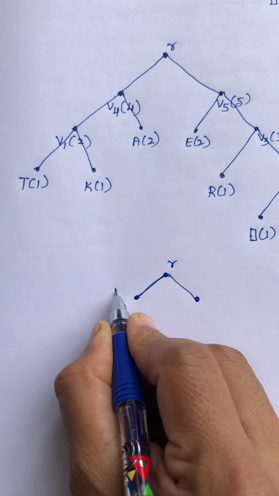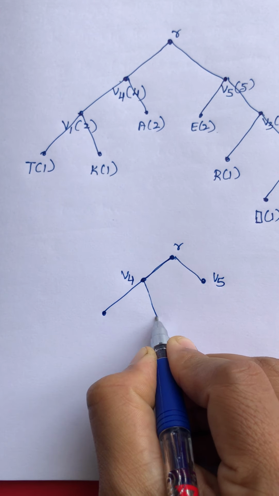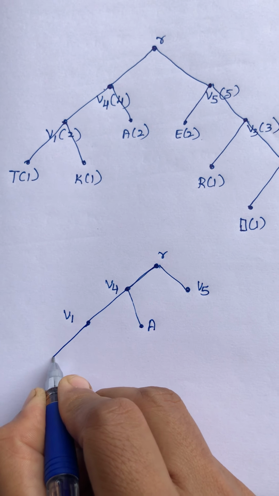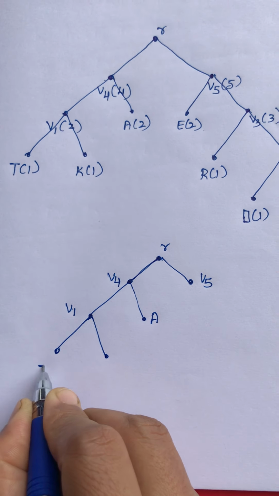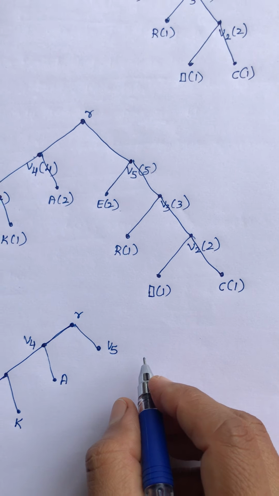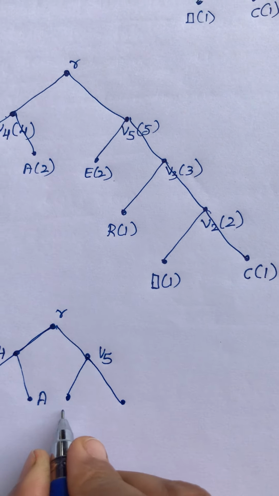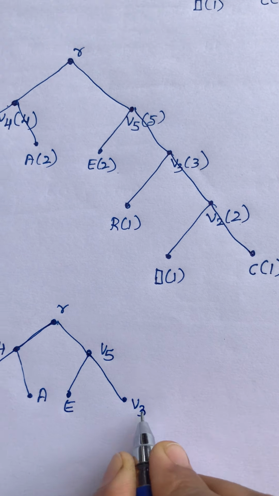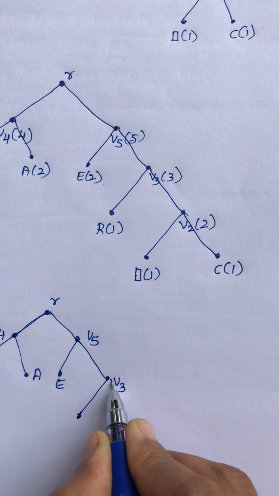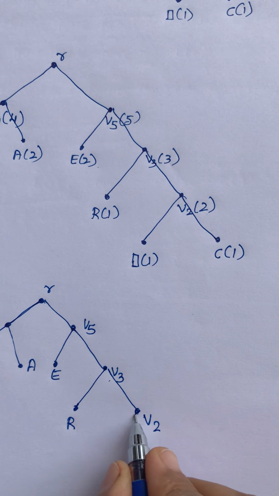This is R, V4, V5, V1, A, and then T, K, and then what do we have? E2, V3, and then R, V2, and then below V2 we have blank space 1, C1.